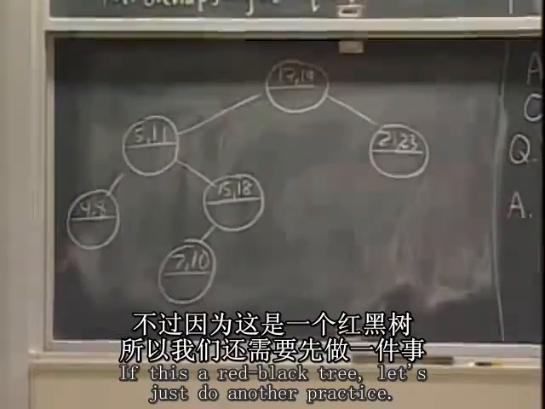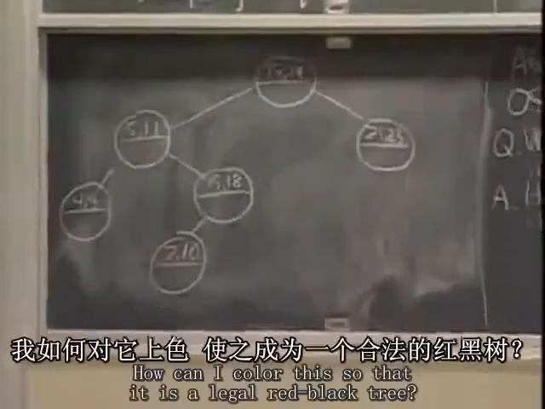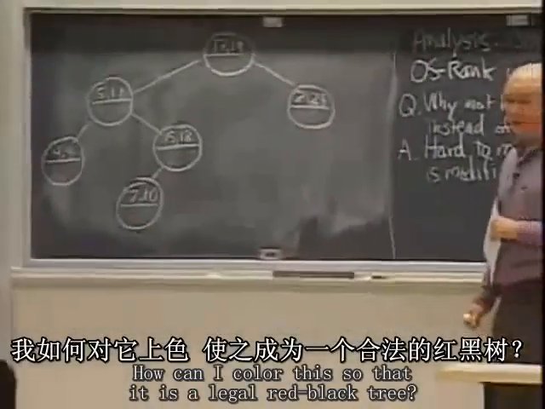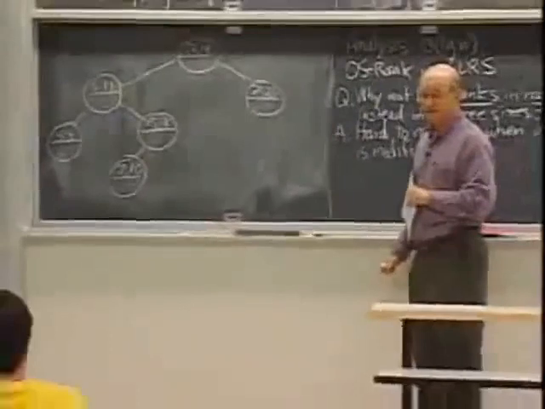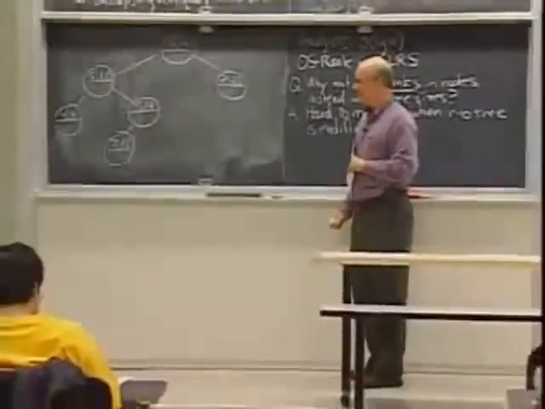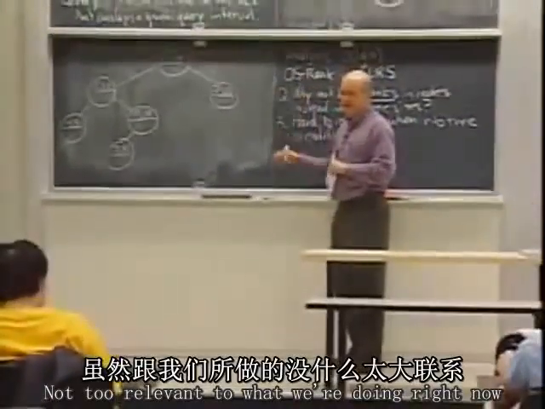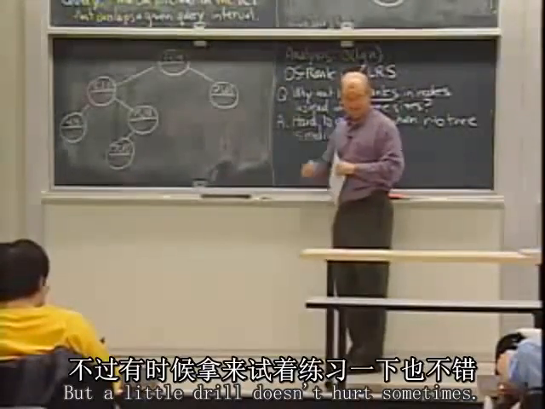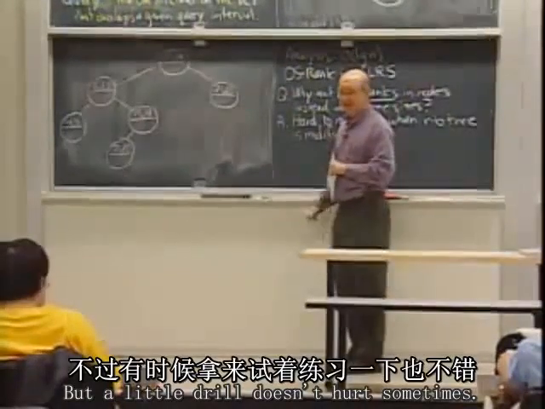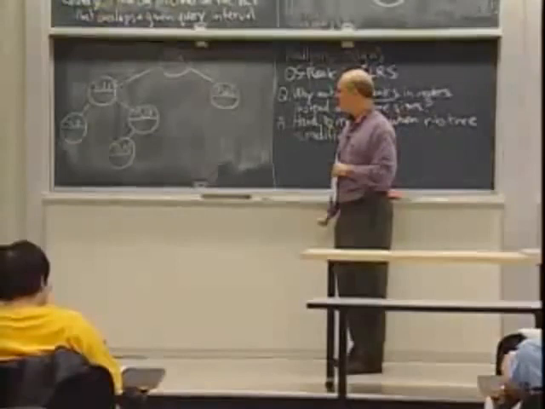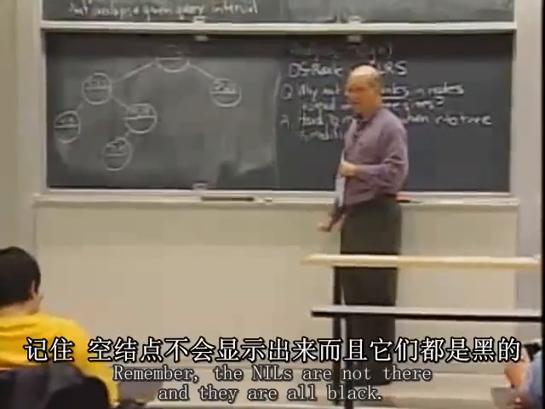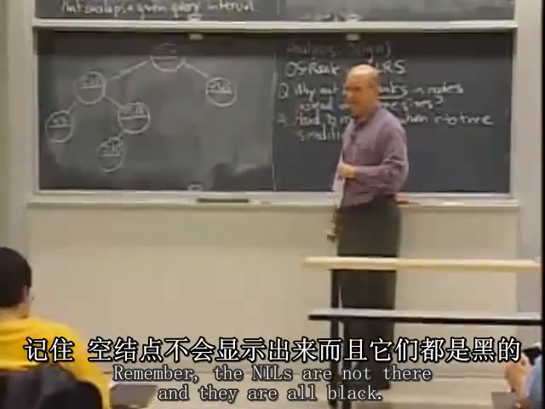If this is a red-black tree, let's do another practice. How can I color this so that it's a legal red-black tree? Not too relevant for what we're doing right now, but a little drill doesn't hurt sometimes. Remember, the nils aren't there, and they're all black.